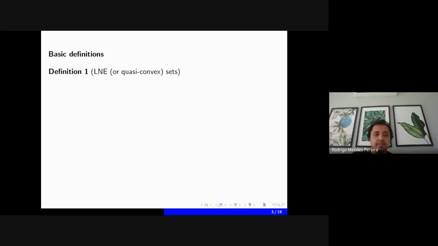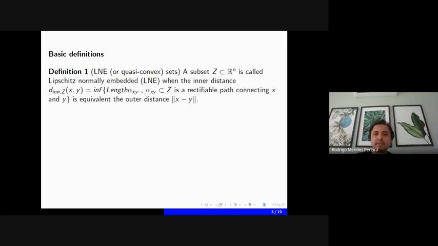So let me give some definitions. Lipschitz normally embedded, LNE, means the following.